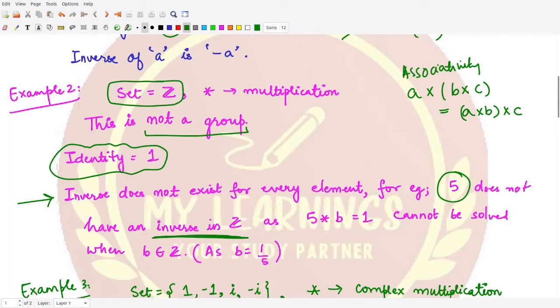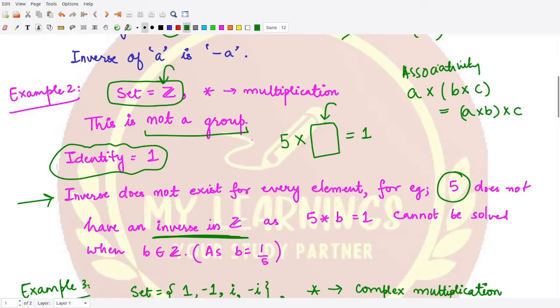Why? Because for the multiplicative identity, we have the element 5, the operation is multiplication, and we are looking for an element so that the product is equal to 1. And this element should also belong to our given set, the set of integers.